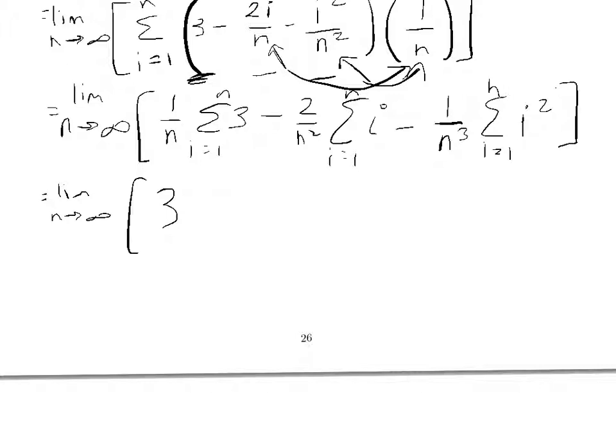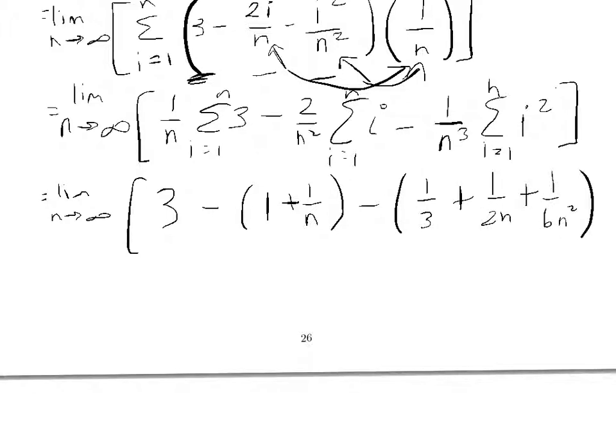The next one will simplify to 1 plus 1 over n. Again, going back to our formulas that we need to know for the quiz on Wednesday. And then the last term simplifies to 1/3 plus 1 over 2n plus 1 over 6n squared.